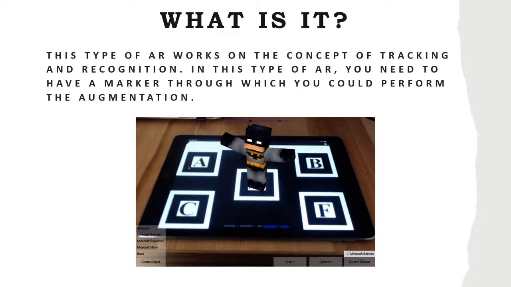So it uses the properties of computer vision, that is tracking and recognition, to recognize and track a marker and place or augment a 3D object or any kind of digital object on top of that marker. You can even augment a video on top of that marker.